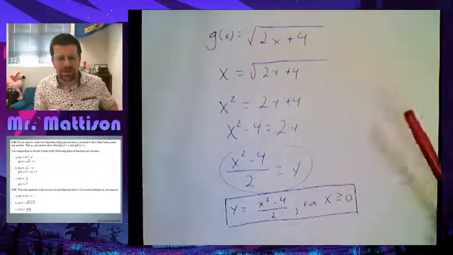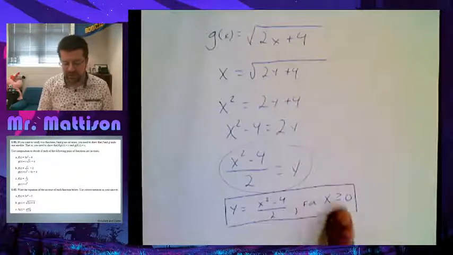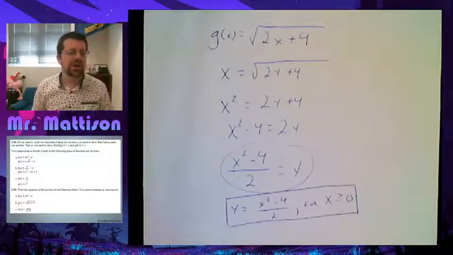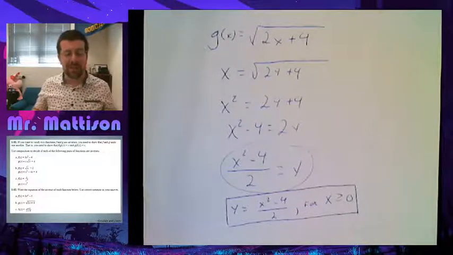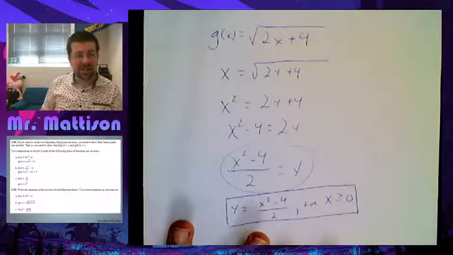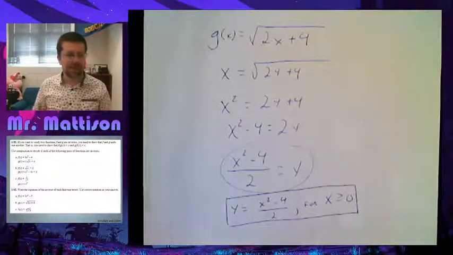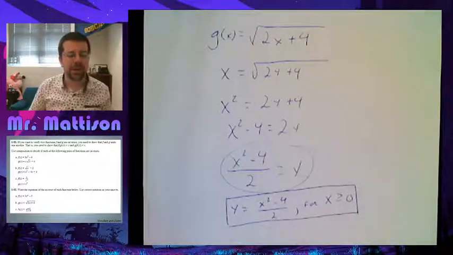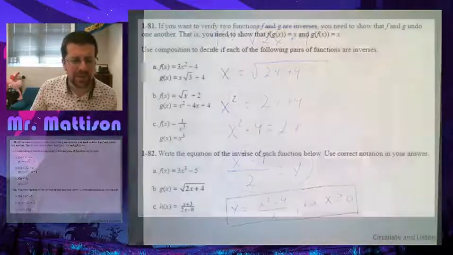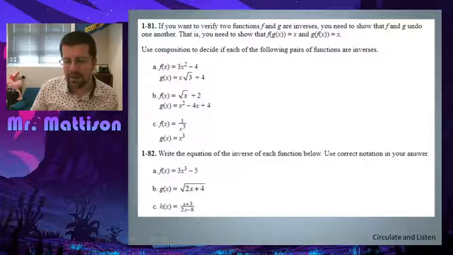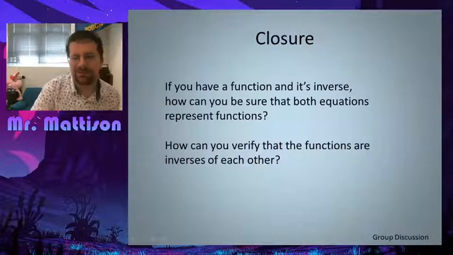So I wanted to show you guys that one, mostly to show you how that domain restriction looks. I'm not expecting you to be an expert on domain restrictions yet. I just wanted to point that out so that you can see that and know what's coming, because we're going to be doing a bit more of that in the future. All right, we're almost done. We're going to wrap it up here.